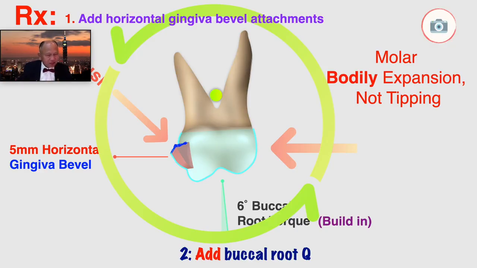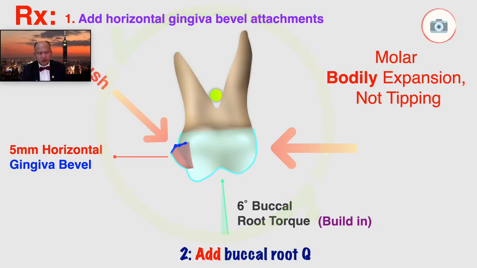You put it together, it's 6 millimeter for the entire arch. Based on the study, they get mostly tipping, not body movement. So why not just do overcorrection and provide a gingival bevel attachment, which is the pushing surface to push downward and upright the molar to get a bodily expansion.